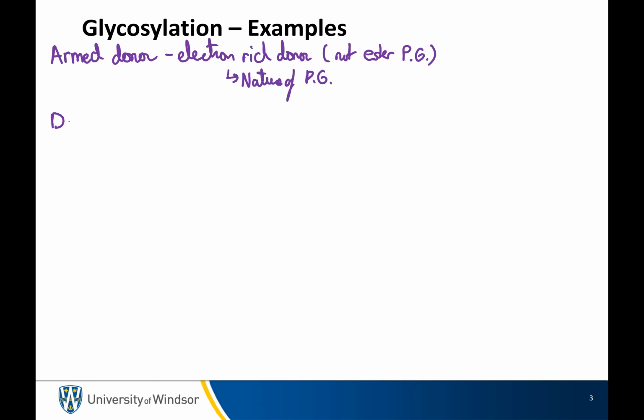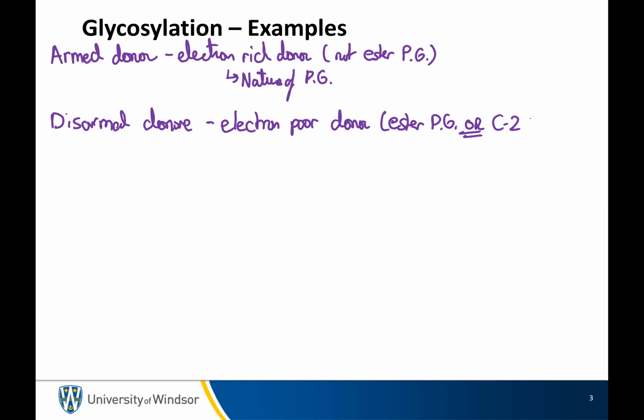Whereas a disarmed donor is an electron poor donor. Often this means ester protected groups, or C2 N-acetyl. Generally it depends on what's at C2 because C2 is closest to the oxocarbenium, so it has the biggest effect.